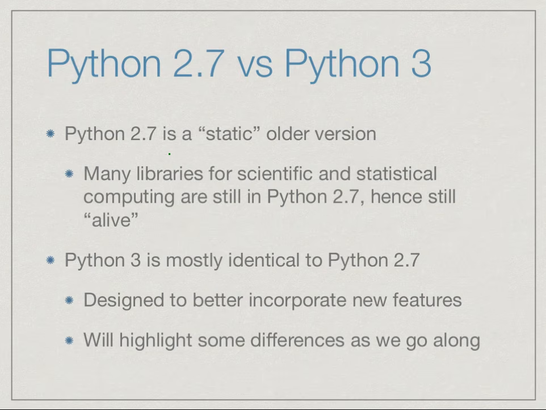So Python 3 essentially is a modern version of Python which incorporates features that were added on to Python as it grew, in a way that makes it more consistent and more easy to use.